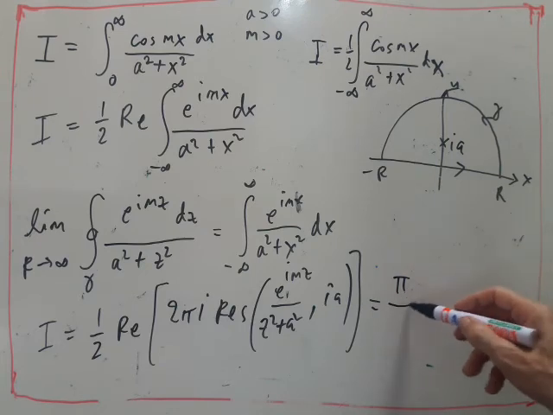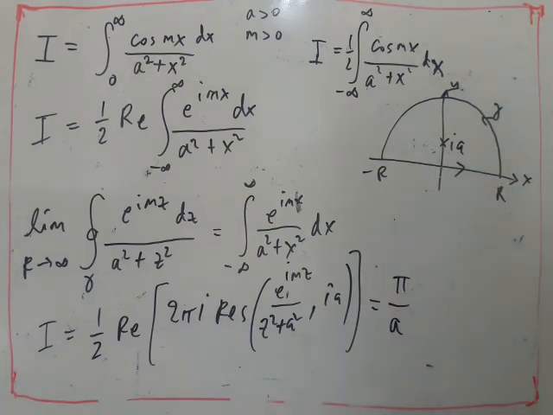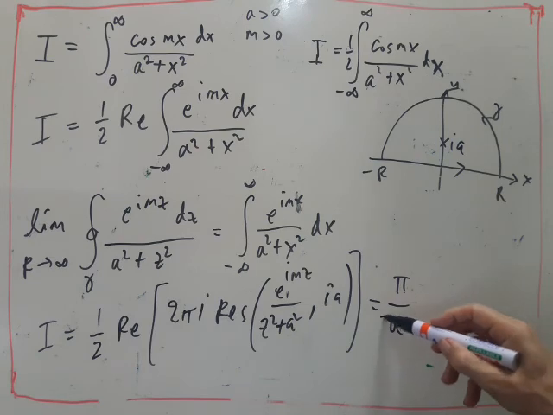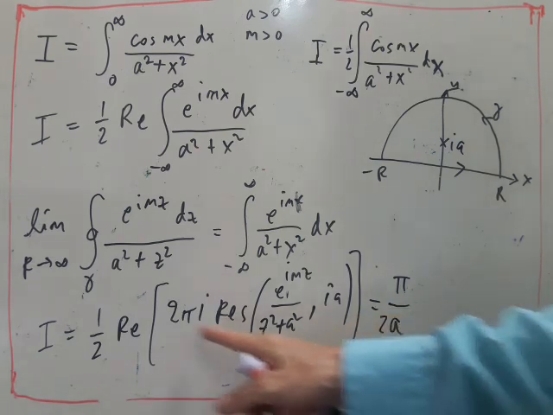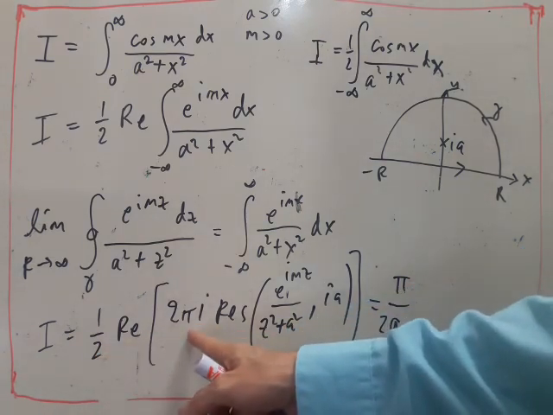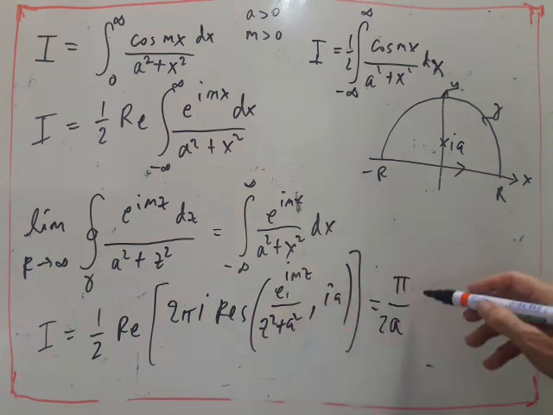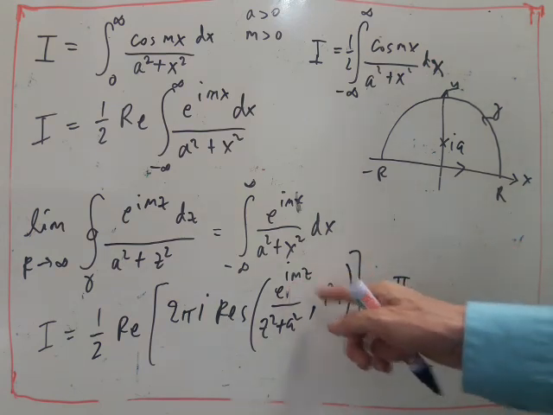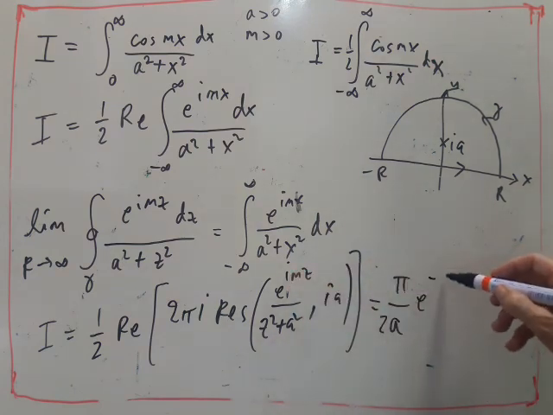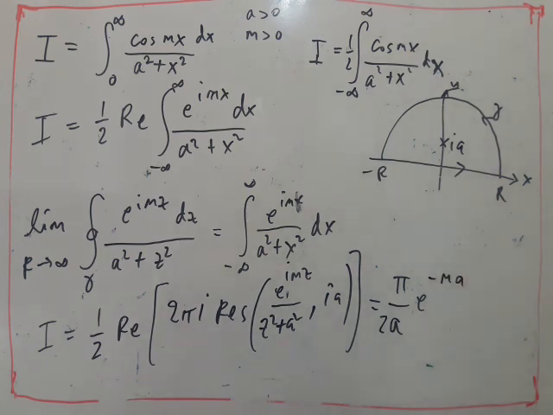So I just end up with 2a from these 2's here, cancel pi on the top, and on the top, I've got from substituting in, e to the minus ma as my final answer.